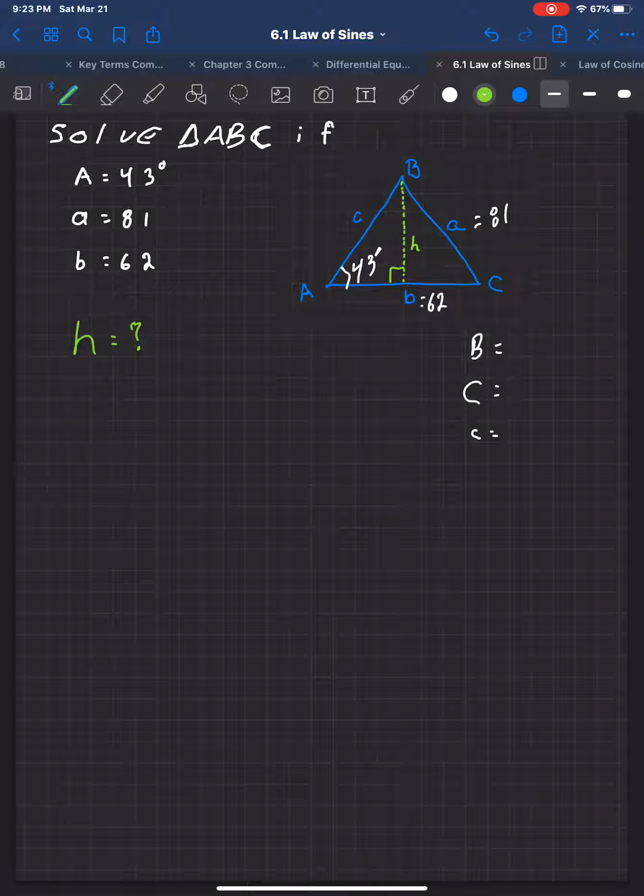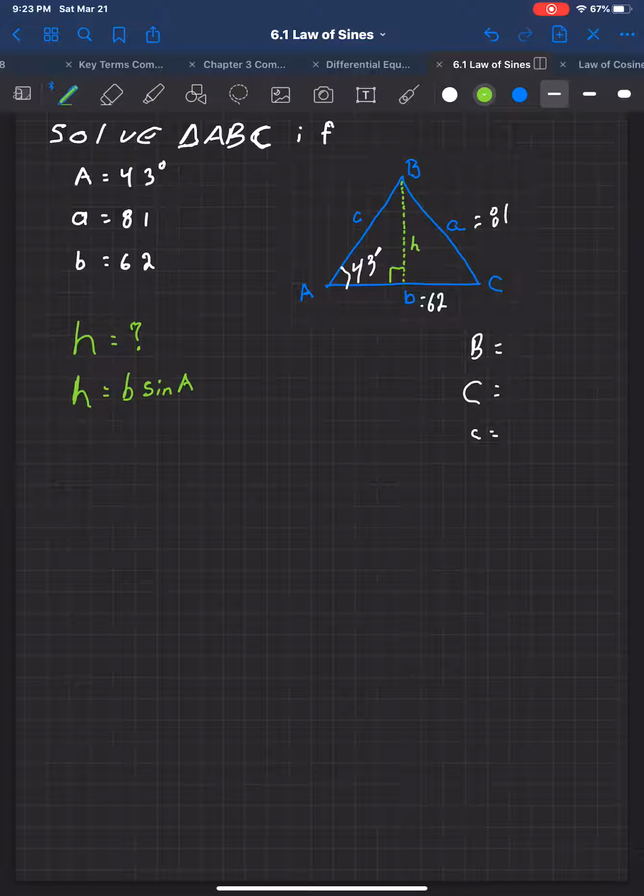So the way you want to think about this is, let's see here, let me make sure I labeled everything correctly. Yep. So, all right, so the way we want to think about this is what we saw in the previous result: H is going to be equal to B times sine of A.